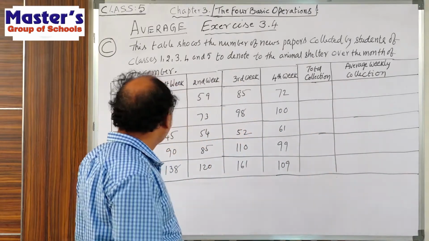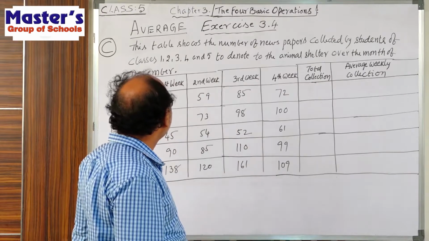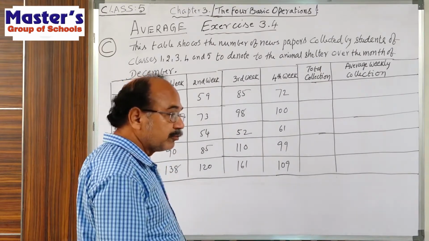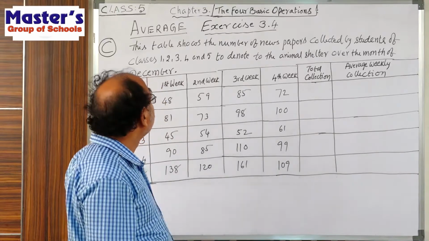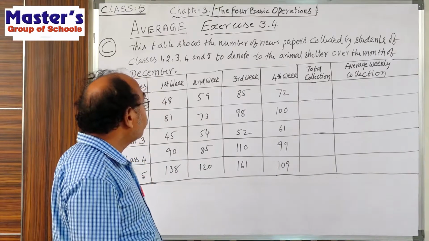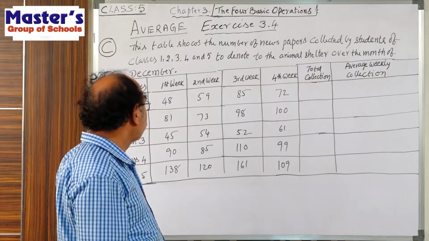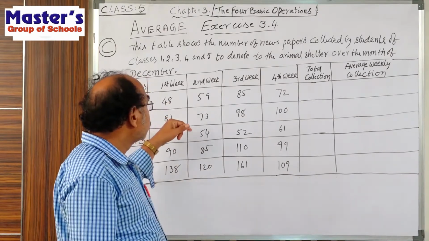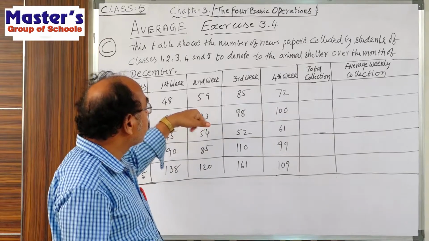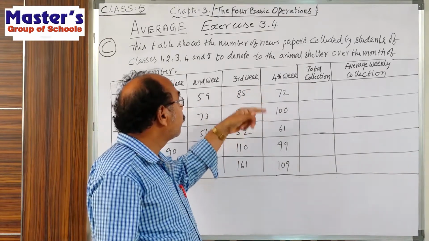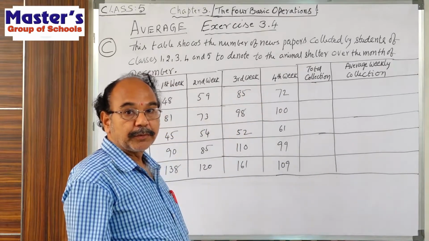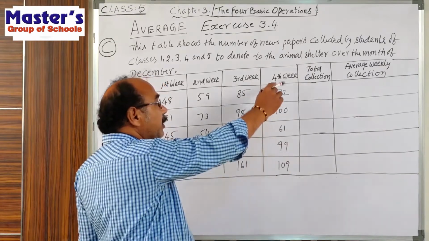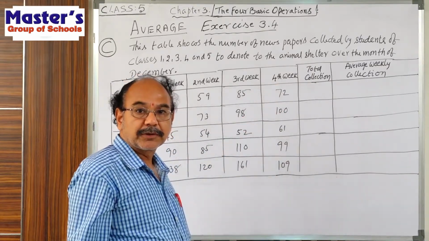See children, here, first class students. How many newspapers did they collect in the first week of December? 40. Second week they collected 59 newspapers. Third week they collected 85 newspapers. In the fourth week they collected 72 newspapers.